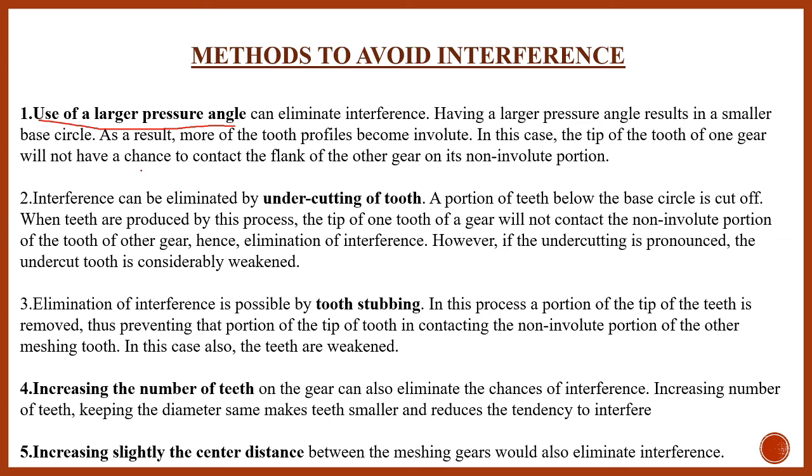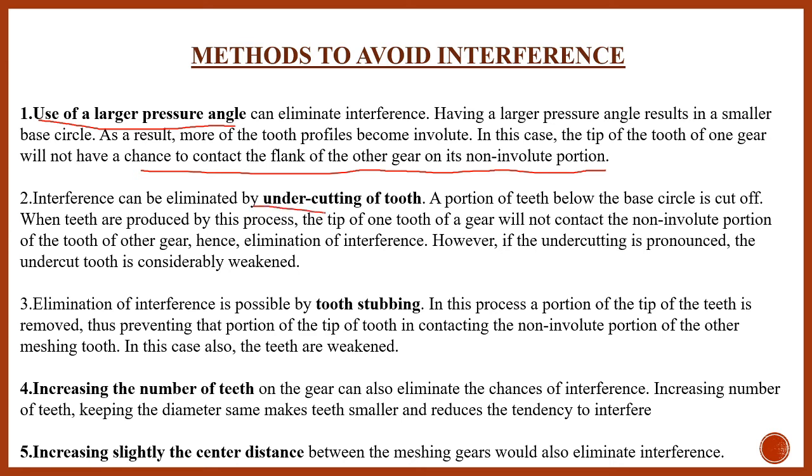This is very important, as there is very little chance of contact between the involute profile and the non-involute profile. That's why, with the help of a larger pressure angle, we can avoid the interference.